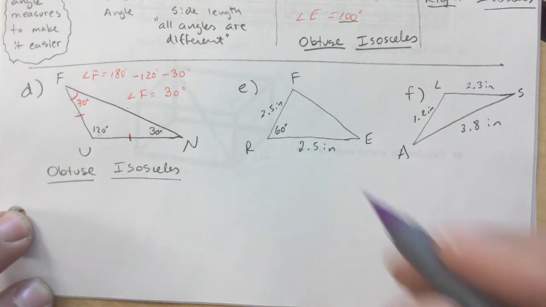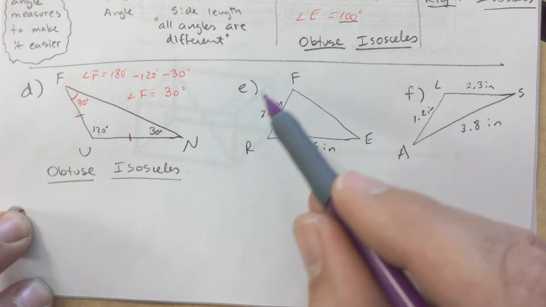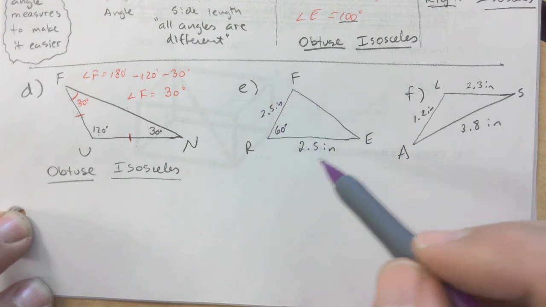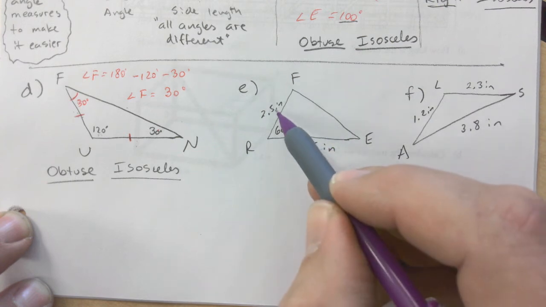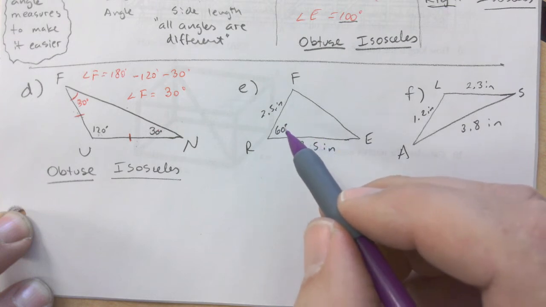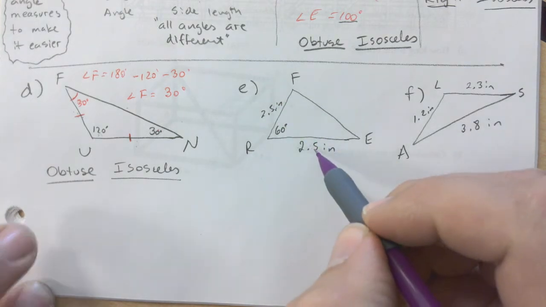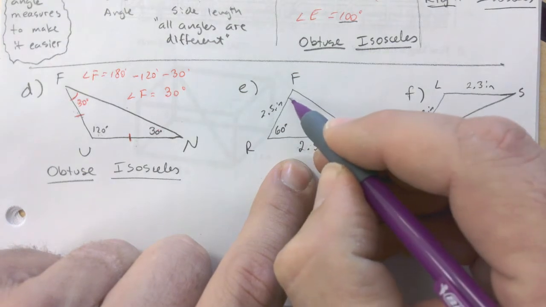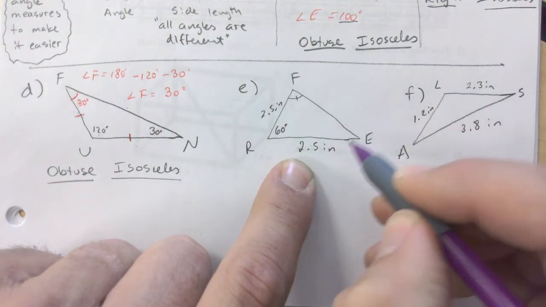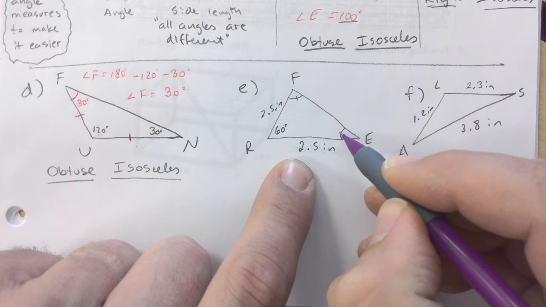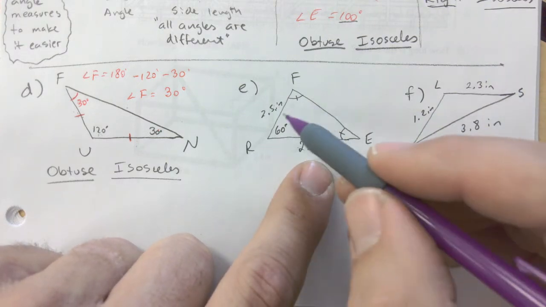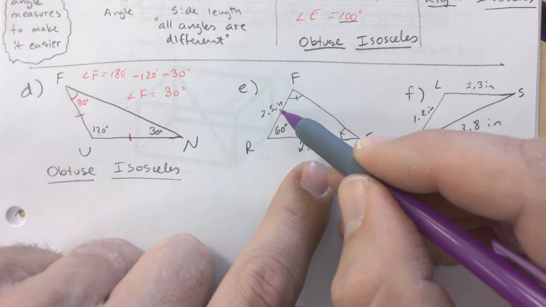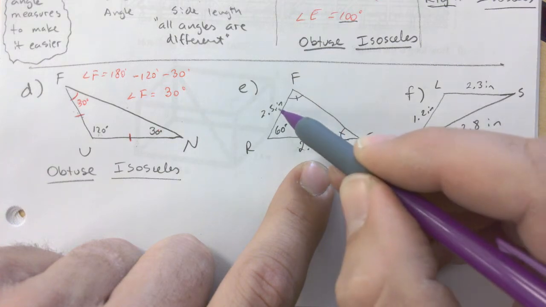Over here, what can we do here? Well, careful here. We know that these two sides are the same. And so if you know that these two sides are the same, we know that the angles across from them will be the same also, because we know that this is at the very least an isosceles triangle.